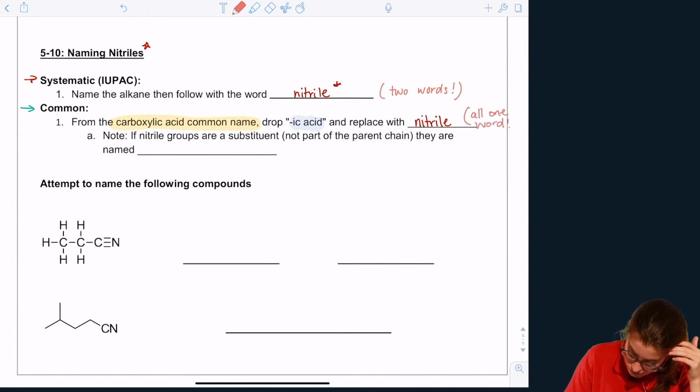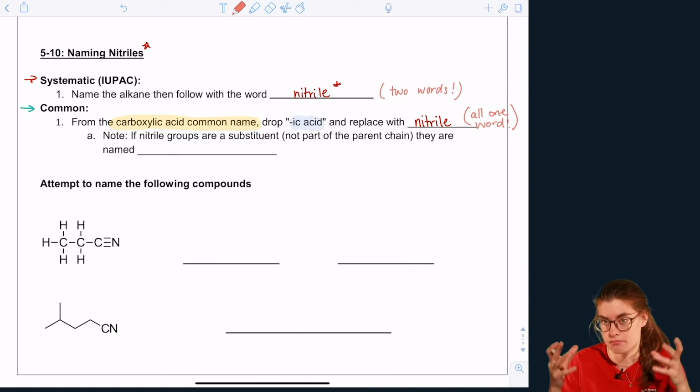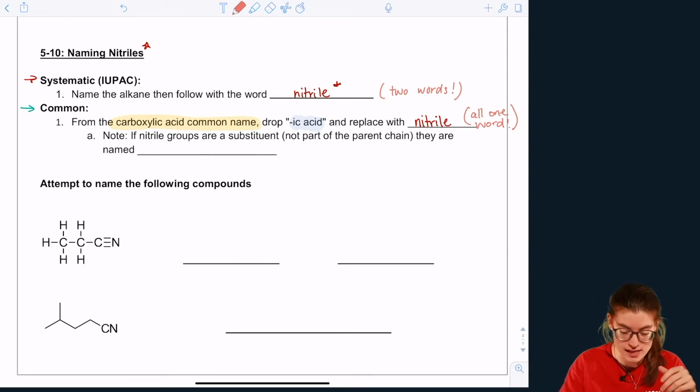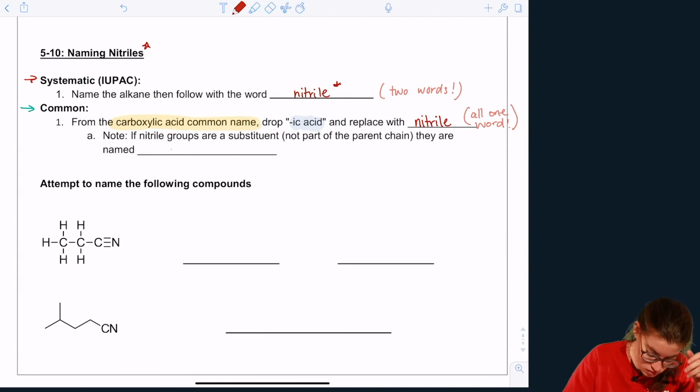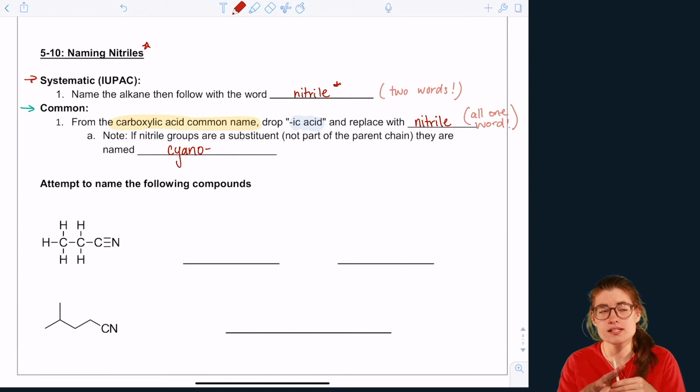Now we do want to note that, for both systematic and common naming, if a nitrile group is a substituent, in other words, it's not part of the parent chain or it's not the highest priority, and therefore it's not what the parent is being named after, we call nitrile groups cyano groups. This is very similar to alcohols.